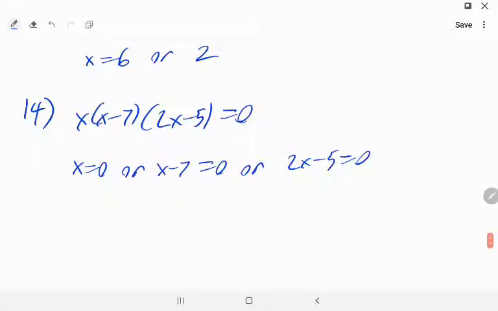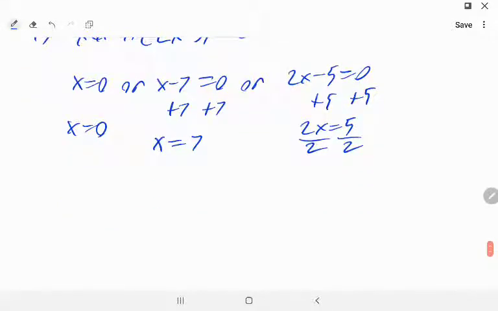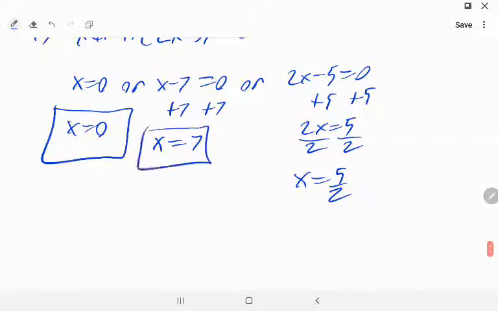And so we start to work a little bit harder. x equals 0, so don't forget about the fact that x could be 0. x could be 7. Or if we add 5 to both sides, we get 2x equals 5, divide by 2, and we could also have x equals 5 halves. So we could have x equals 0, or x equals 7, or x equals 5 halves.